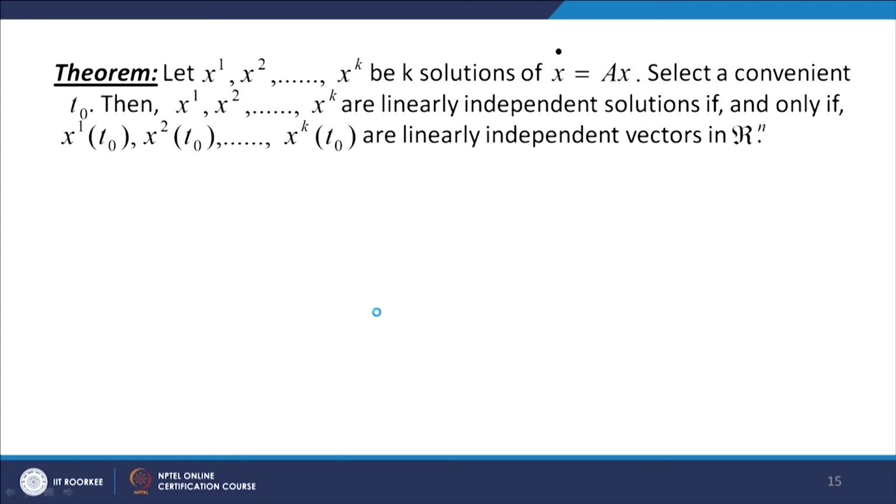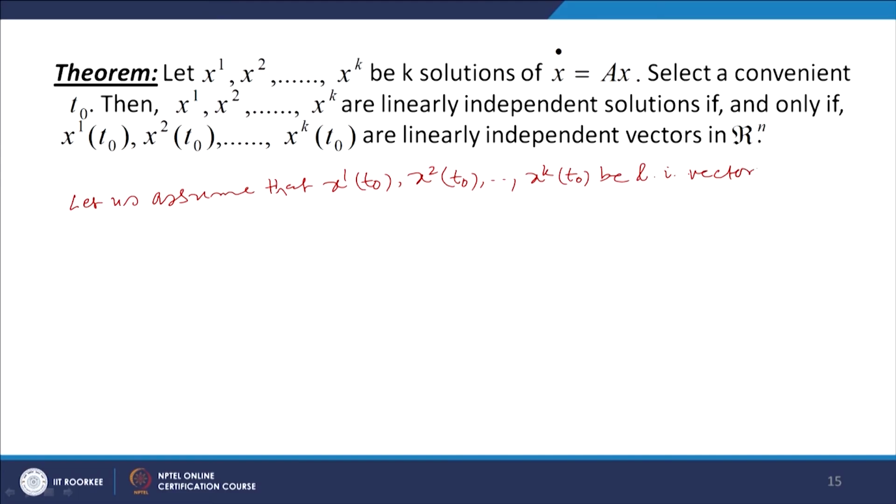So, let us assume that x1(t naught), x2(t naught) and so on xk(t naught) be linearly independent vectors in Rn.